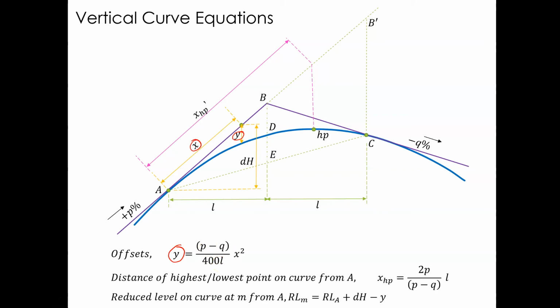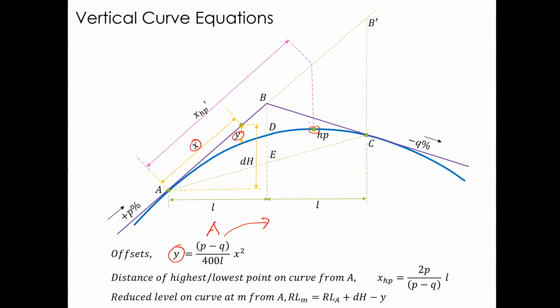This p minus q is the algebraic difference, and some texts use a notation A for that, but I'm just going to stick to p minus q. So y equals p minus q over 400L multiplied by x squared. And the distance of the highest and lowest point on the curve, which is probably that point there, is 2p over p minus q multiplied by L.